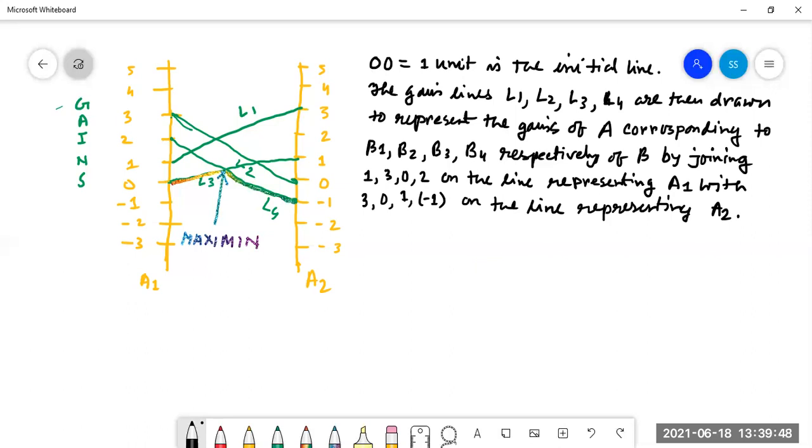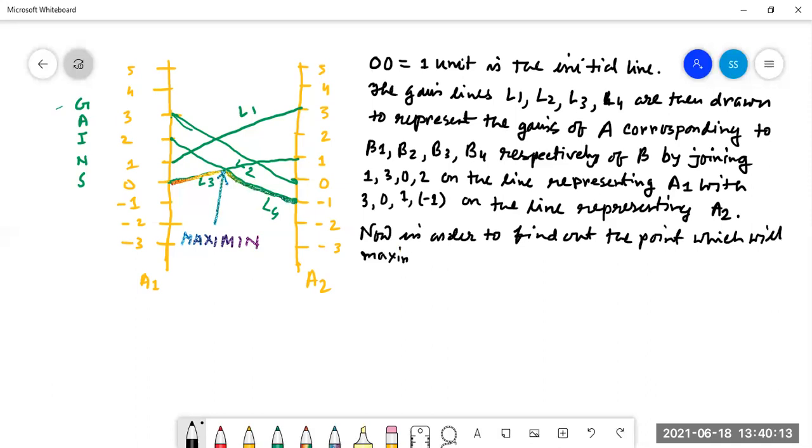Now in order to find out the point which will maximize the minimum expected gain of B, that means actually we are finding out the maximin.